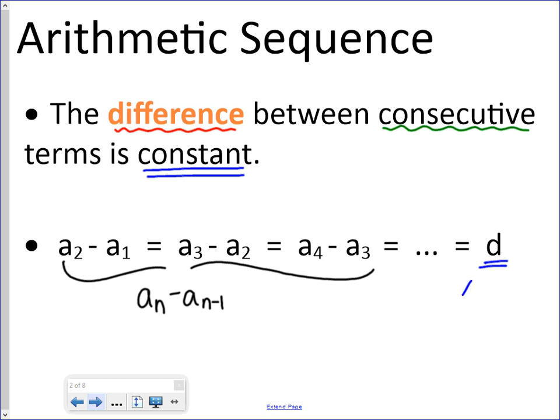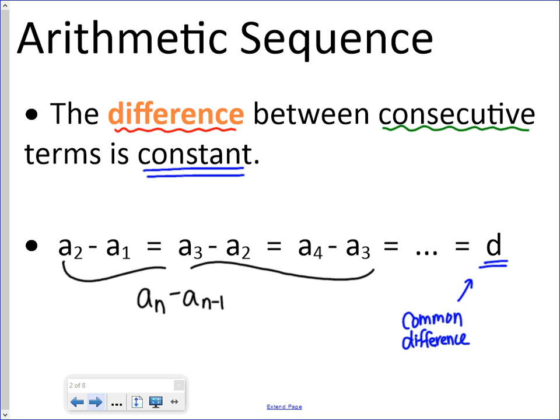We're going to call that d, and you may remember from Algebra 2, we call that a common difference. So the number that you're adding or subtracting every time in this arithmetic sequence, that's going to be d. That's called your common difference. And that's really important when we're writing the equation or formula for an arithmetic sequence.